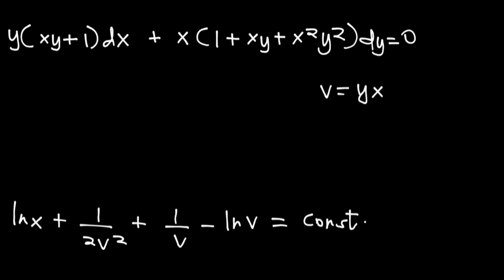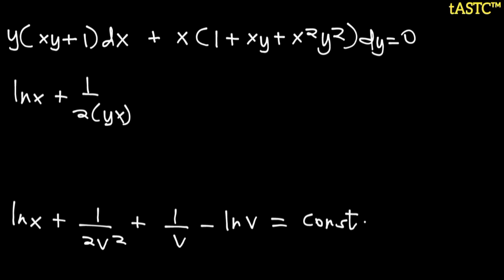So the last thing I need to do is replace v with yx. And this is going to be squared. And then you're going to have 1 over v, and we know that v is yx, so I'm just going to write that as yx. And this is minus ln v. That will be equal to a constant. I'm just going to leave that there.